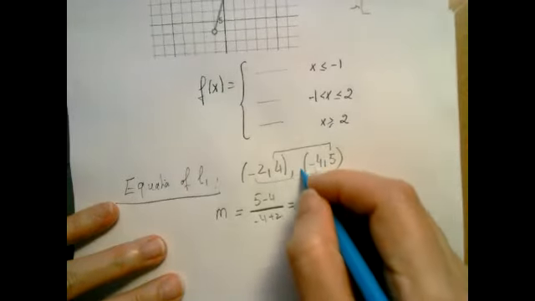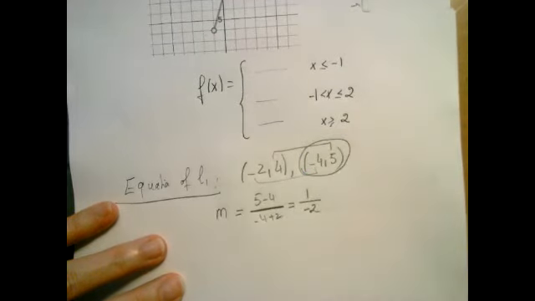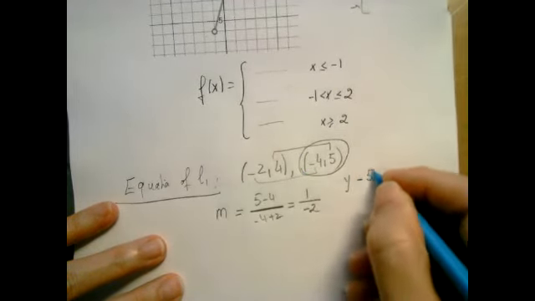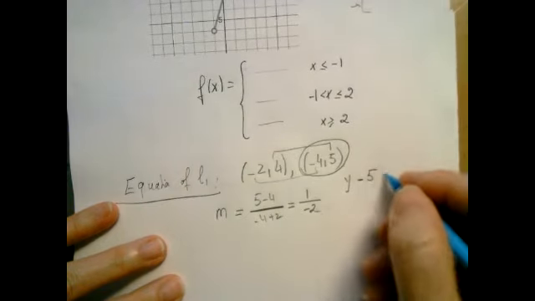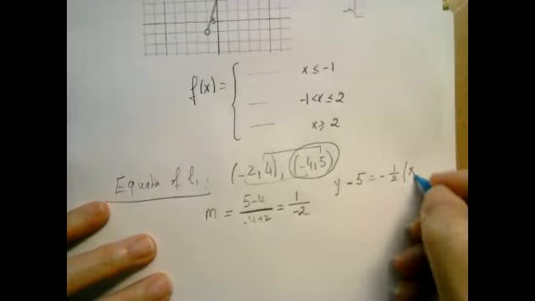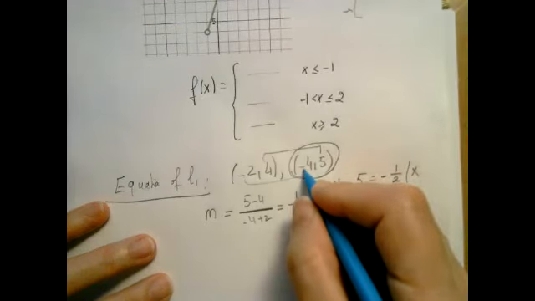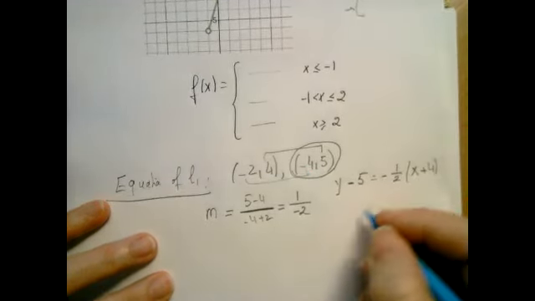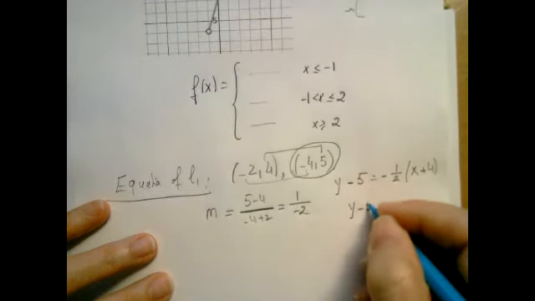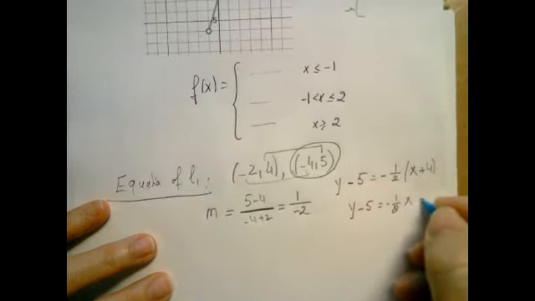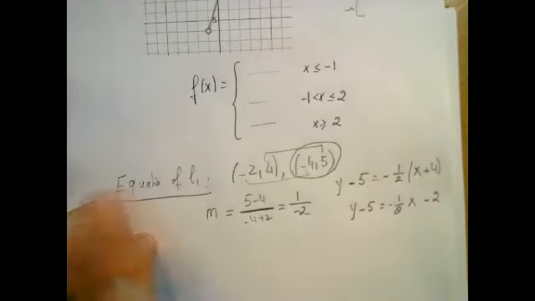So let me use the point slope form. I pick any point. Suppose I pick that point. It doesn't matter which one you pick. It's going to be y minus y0, that's the point I'm choosing, equal to -1/2 times x minus x0. Since this is a negative number, it's going to be +4. So the equation would be y minus 4 equals -1/2 times x plus 2. And now I combine things.